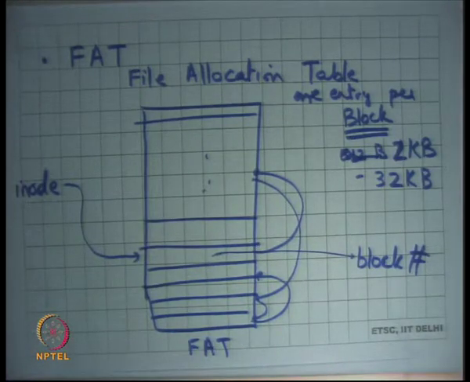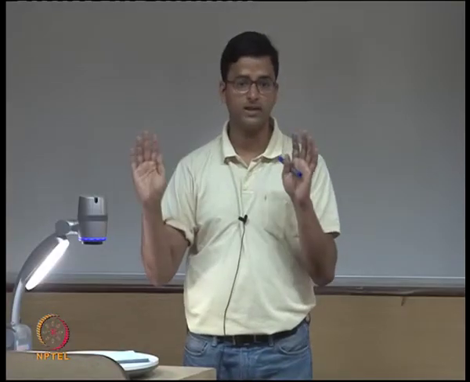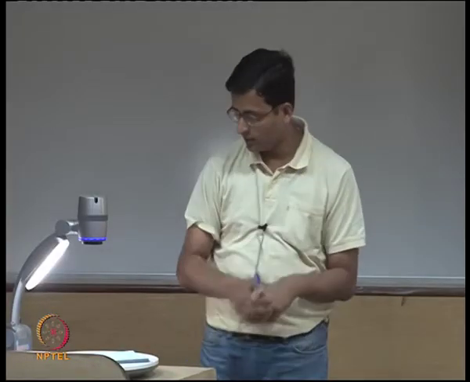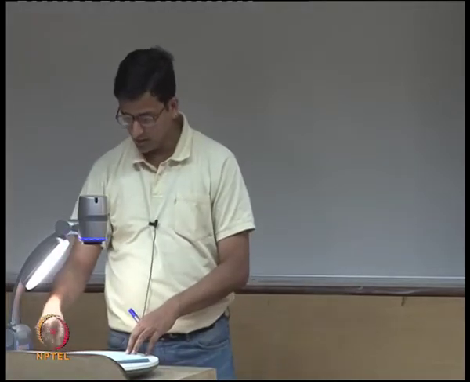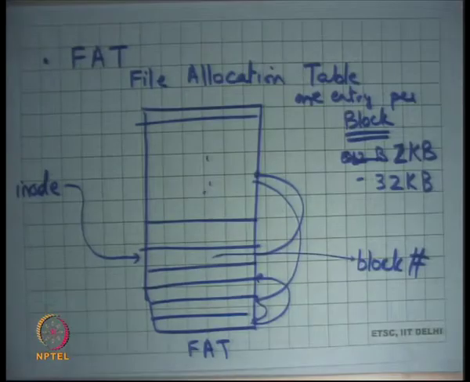The block size needs to be decided at the time of format, so a disk partition will have a constant block size throughout the life of that partition. Depending on the block size, you will name the disk blocks.